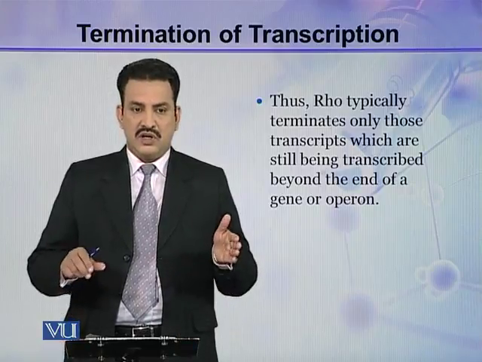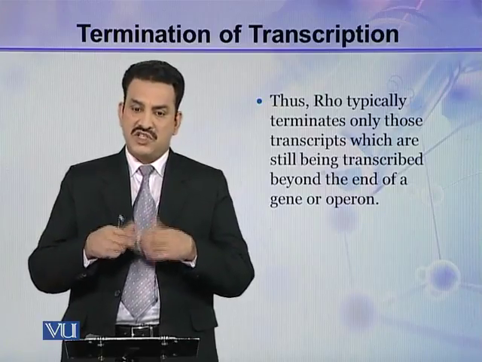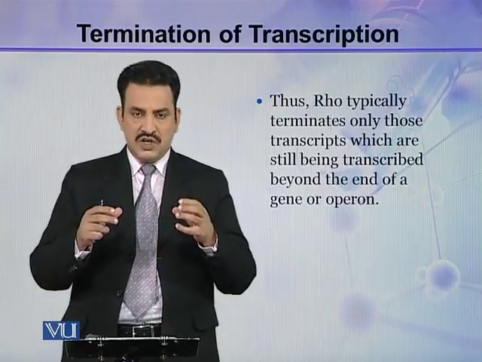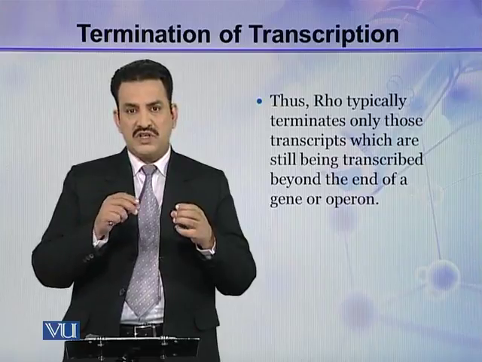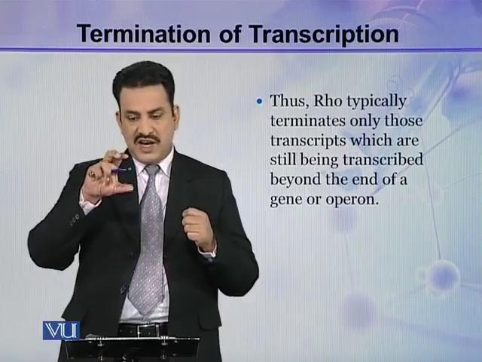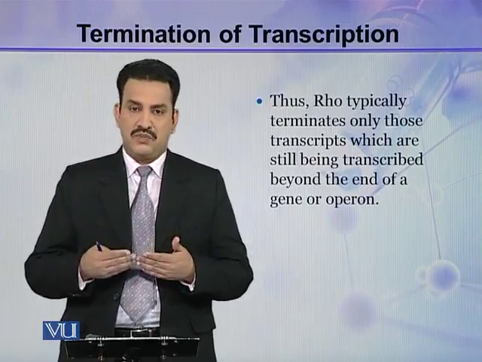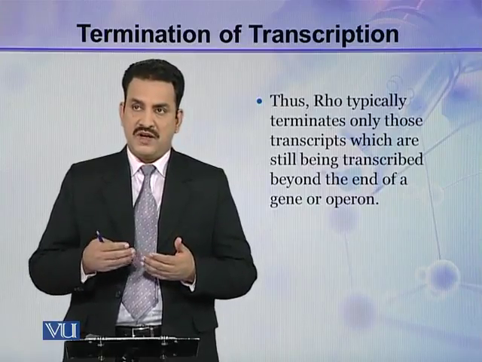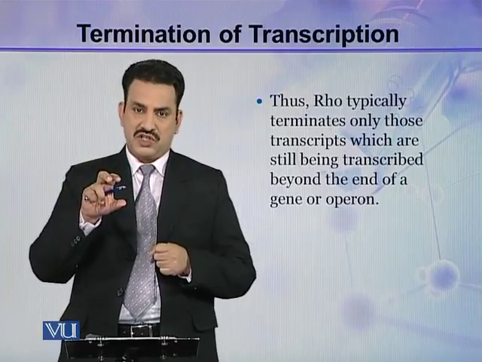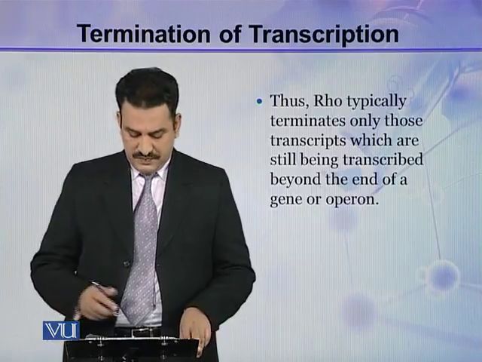So that transcript which is being simultaneously transcribed and translated would still be in contact with that polymerase complex, and that will be in the process of transcription. So this Rho will only stop this mRNA transcript, and it will not bind to any other RNA transcript.